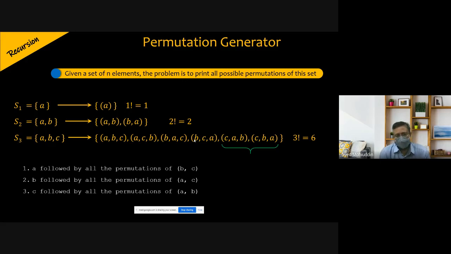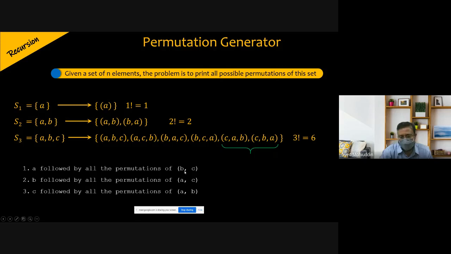Because if you have 4 elements now, what will happen? Suppose A, B, C, D. The set of elements will be A, followed by all the permutations of B, C, and D. The same way, B followed by all the permutations of A, C, and D. When we say A followed by all permutations of BC, we know how that is computed.